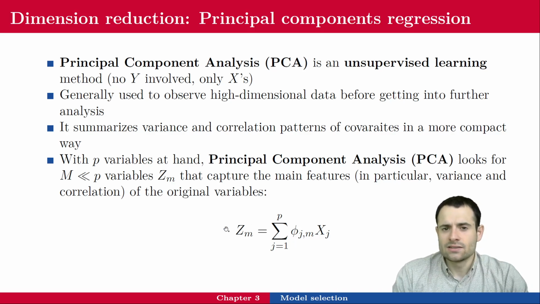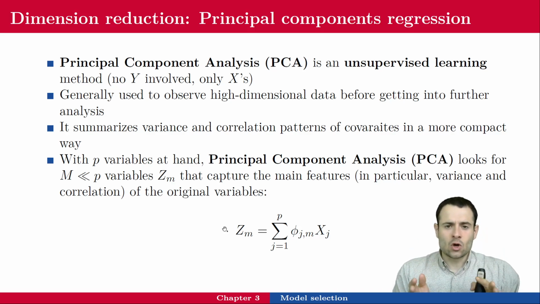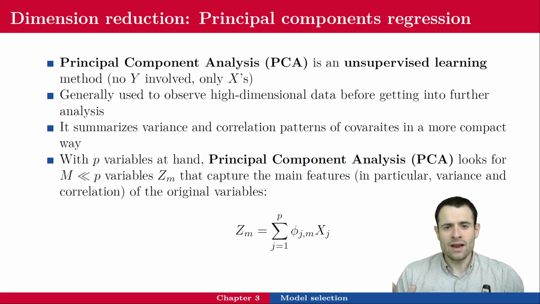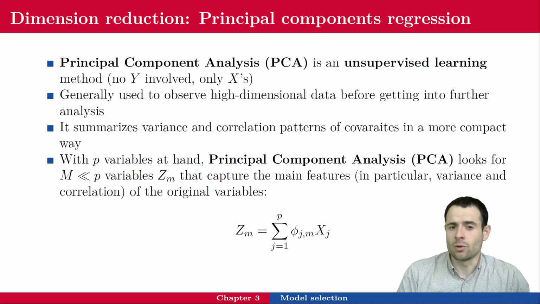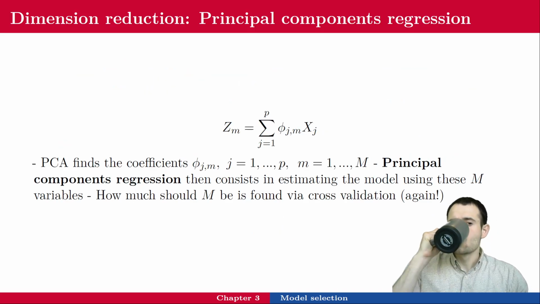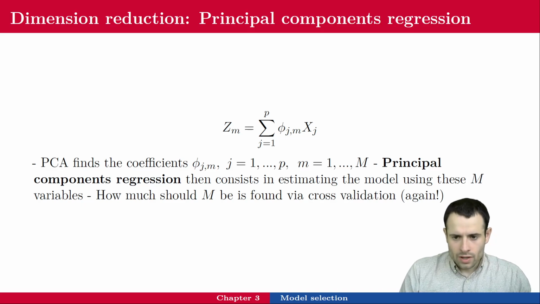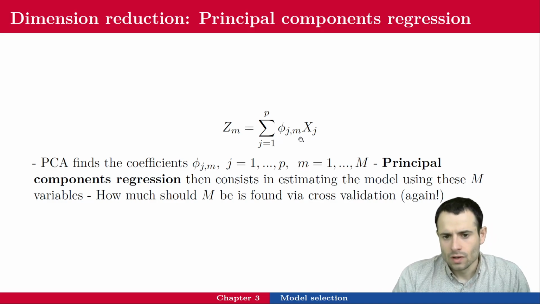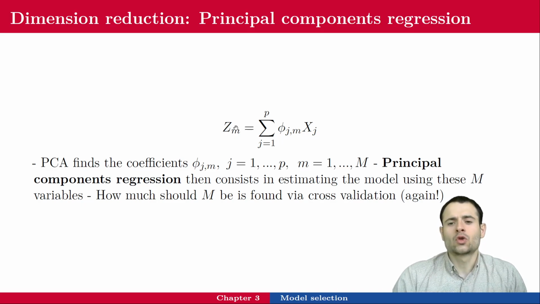So my 20 z's will gather the main variance and correlation patterns as my 100 x's. And when I say main, I mean 95% of the variance and the correlation patterns are pretty much the same. But I have 5 times less variables. So PCA is going to find the coefficients, phi jm. There's going to be a coefficient for each x and for each z. Once you find these 20 z's, then you can use the 20 z's in your regression.